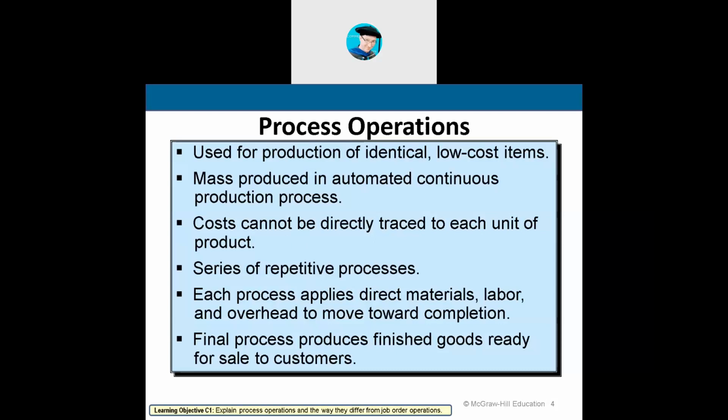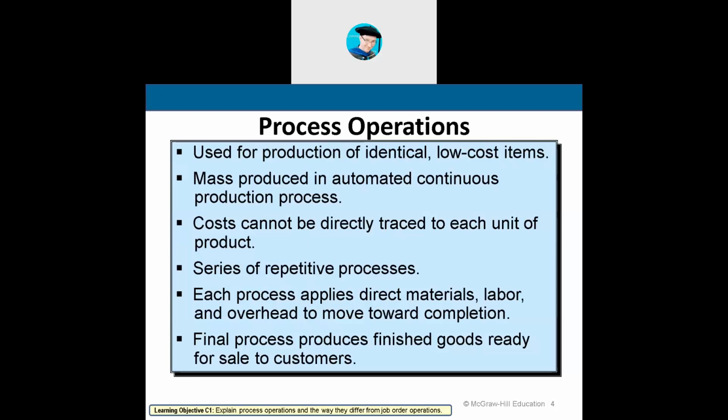I got a label maker, puts the label on it. A filler puts the water inside the bottle, and a capping machine that puts the cap on it. And then it rolls down the line and ends up in a box. It's continuous. It's the same thing, same process. That's what process costing is.